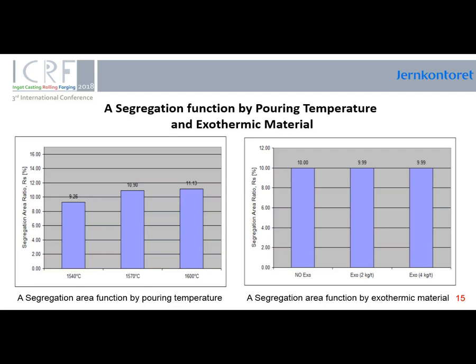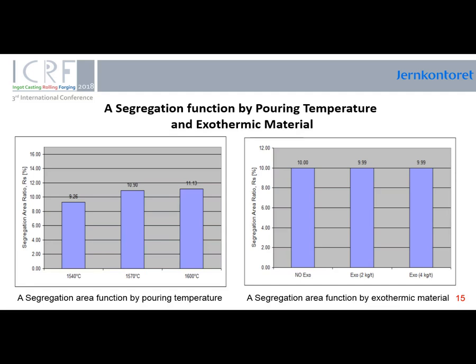To quantify how the pouring temperature influences A-segregation, a simulation series with pouring temperature between 1540 and 1600 Celsius has been made. The results show a small increase of segregation area with increasing pouring temperature. To analyze the influence of exothermic material on A-segregation, we also made three simulations.